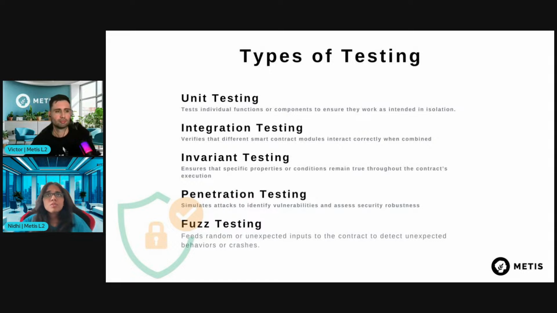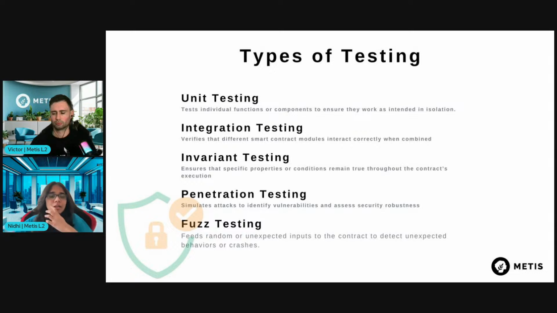Basically, whether you are new to the auditing part, the security section, or already into this part, we don't do just one type of testing for a smart contract. We do all of them together.